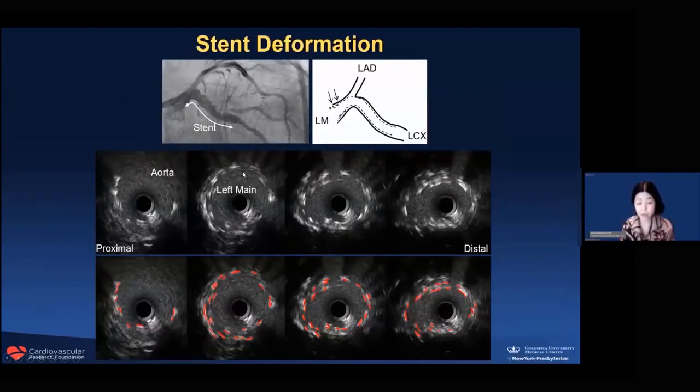Additionally, this also happens, so-called stent deformation. This is a case having the lesion in the circumflex ostium to the left domain, and because this is protected LAD, we put the stent from the circumflex to the left domain. There is only one stent, but at the ostium of the left domain, you see the double layer of the stent, even with only one stent. This is really stent deformation, and that you have to recognize.